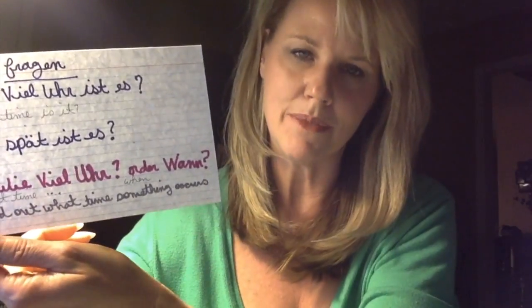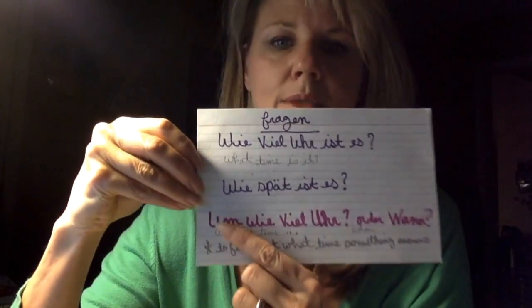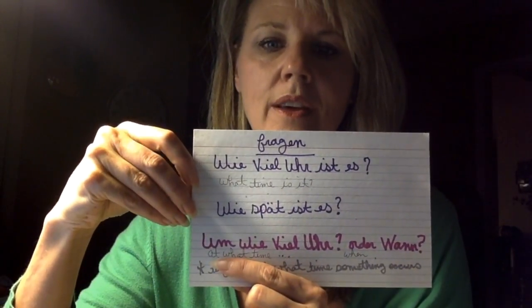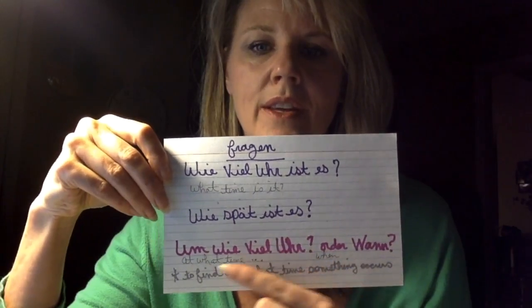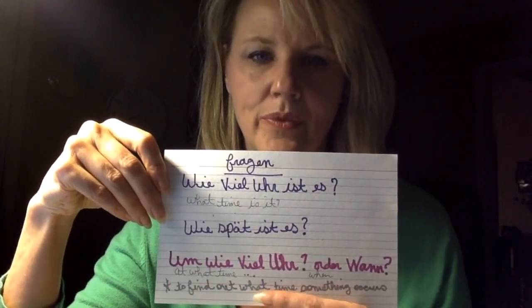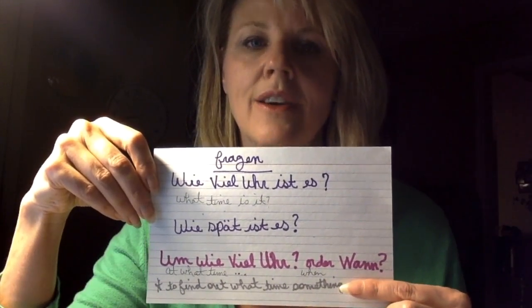You need to know a specific time when something is beginning or ending more specifically. You want to begin your sentence with, so wie viel Uhr? This means at what time? Or you could also just ask wann.